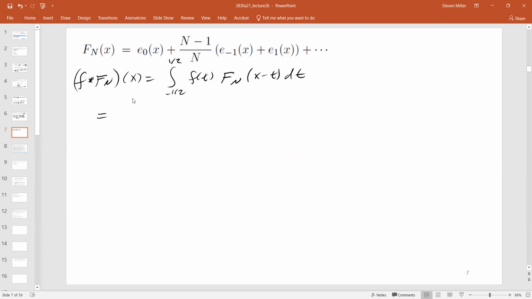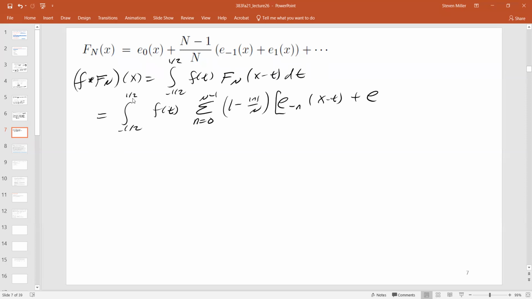So this is going to be the integral from minus a half to a half of f of t, and then the sum, n goes from 0 to n minus 1, of 1 minus the absolute value of n over n, times e to the negative n of x minus t plus e to the n of x minus t, dt. Why am I only having the sum go up to n minus 1 and not all the way up to n?